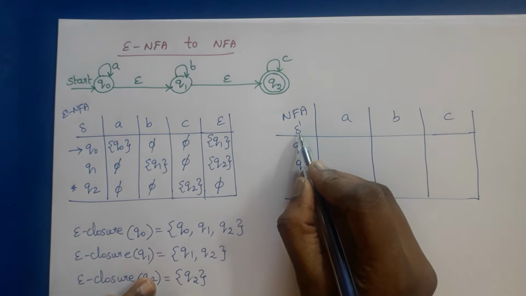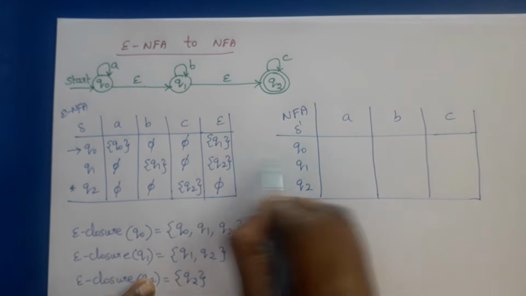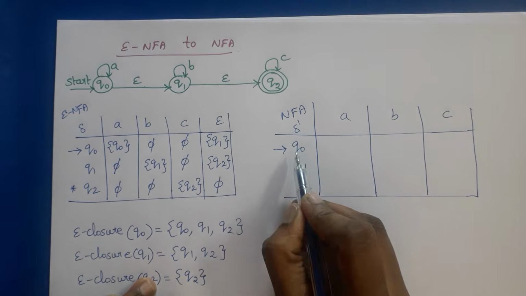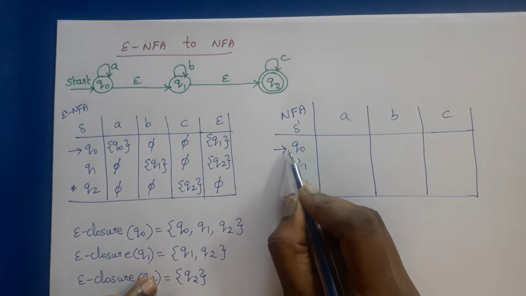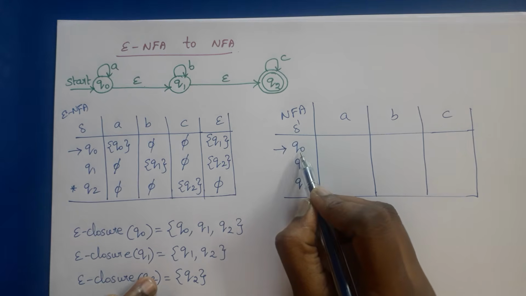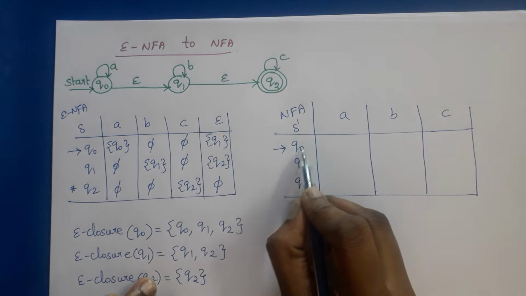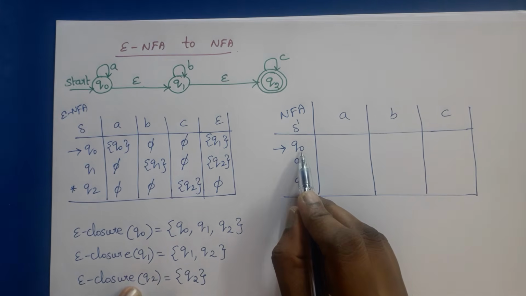So here the start state is Q0. Now we have to find all the transitions. To find delta dash of Q0 comma A, first we have to find the epsilon closure of Q0. If we want to find the transition function for a particular state comma A, first we have to find the epsilon closure for that state.